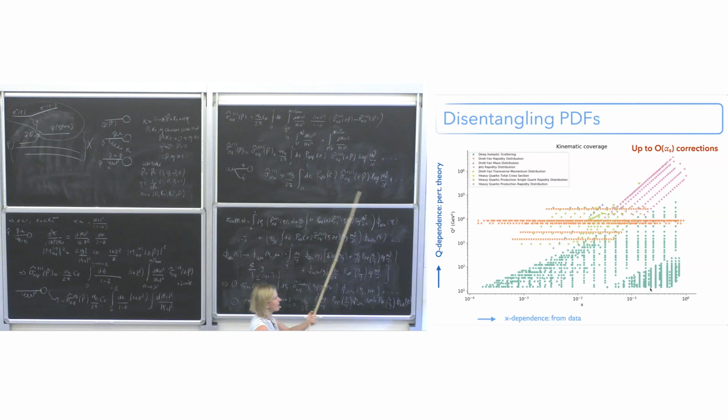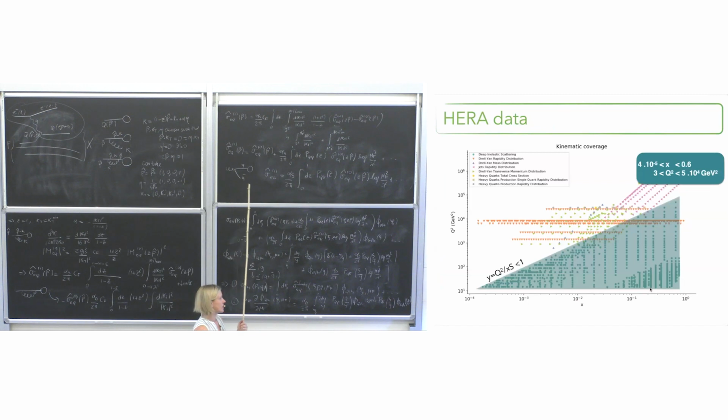And the different colors correspond to the different type of observables that are typically included in a fit. So let me go through one by one. The big green portion that you see here are the HERA data. So this is really deep inelastic scattering for the electron-proton collider.